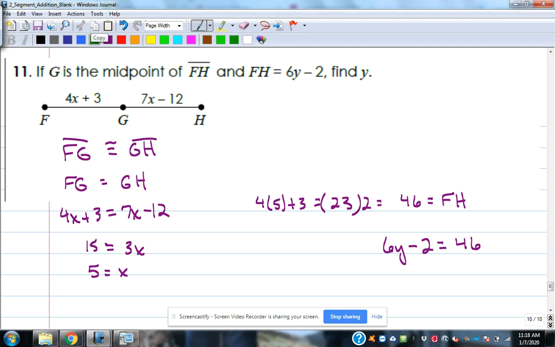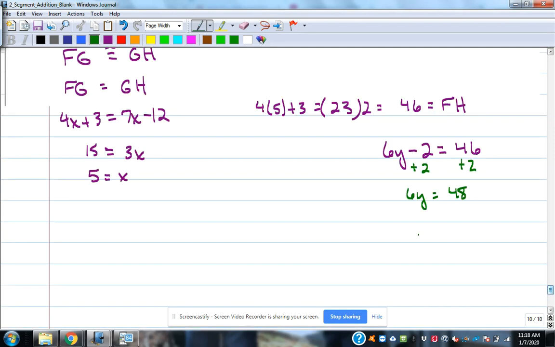So add the 2 and then divide by 6. And that'd be y is equal to 8, right? But again, you have to have a plan and don't neglect the geometry to get to the algebra straight away.